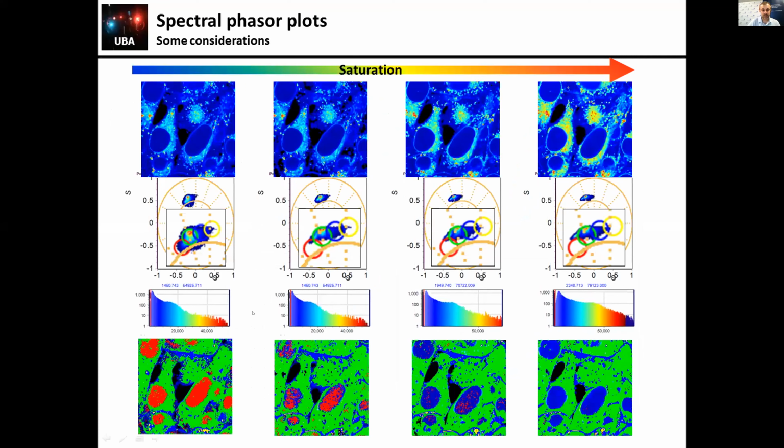Well, I did this simple experiment, increasing the light over and over, and I placed the cursor at the beginning in some location, and you may see that as soon as I start to increase over and over and over, and the saturation goes up and up, this cloud of pixels moves away from the original position where everything was okay. So as a recommendation, please take care of the histogram, always take your data looking at the histogram, and try to avoid going to higher intensities.